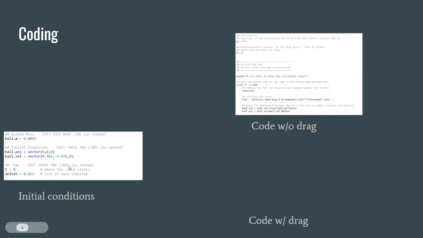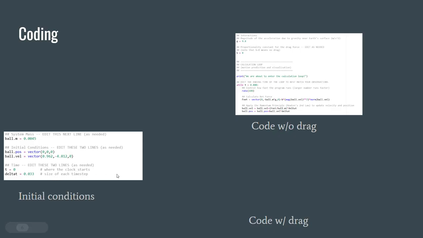So this is the coding, this is the initial conditions, including the mass of 0.0045 kilograms, and then we also have the initial position, which is just vector 0, 0, 0, and the initial velocity, which is vector 0.962, negative 4.8120.